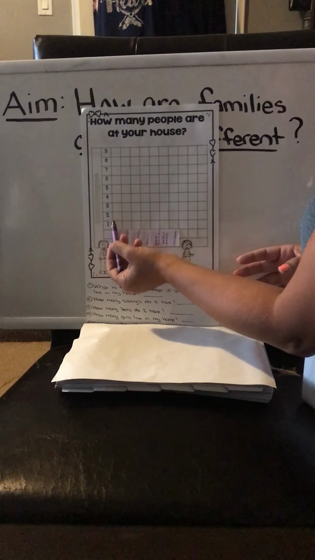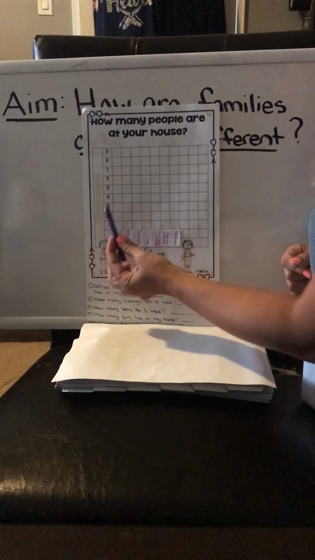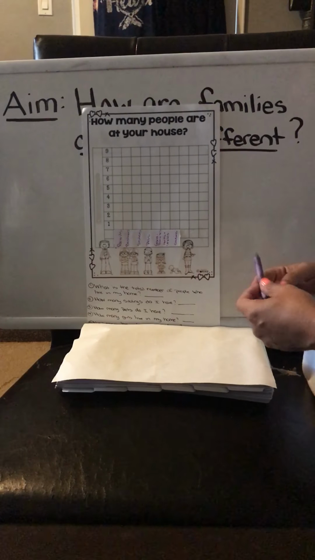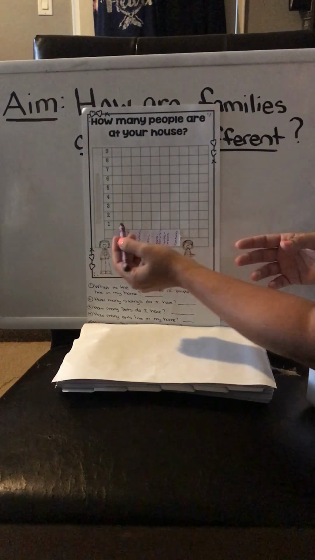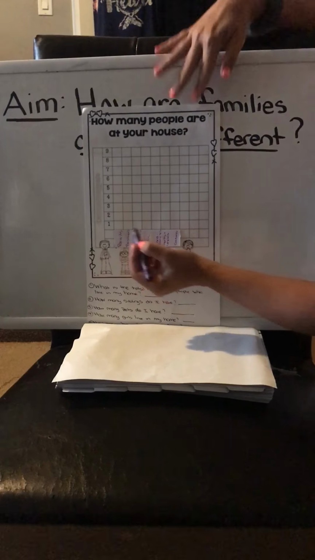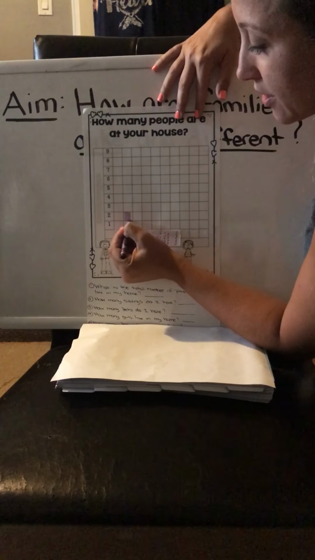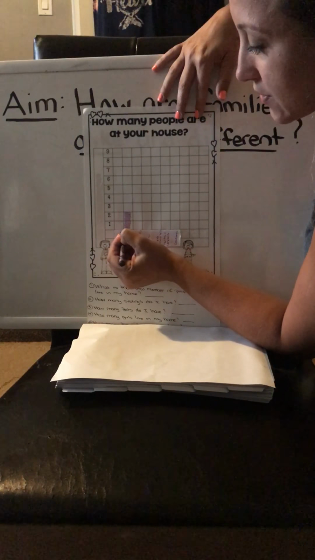So if you have 2 parents, you would shade in box 1 and box 2. I, however, do not live with my parents, so I'm going to move to the next column. So the next column, brothers. I have 2 brothers, so I'm going to color in 2 brothers.